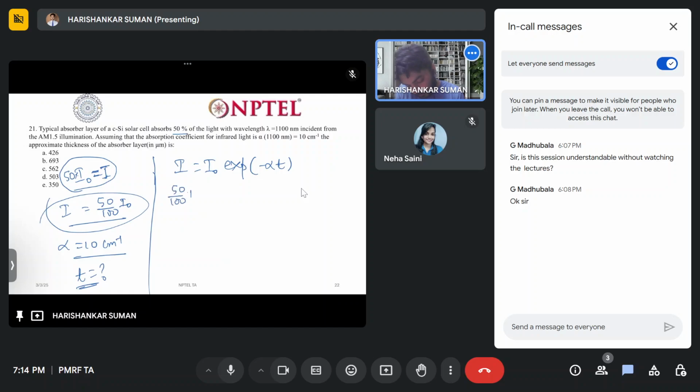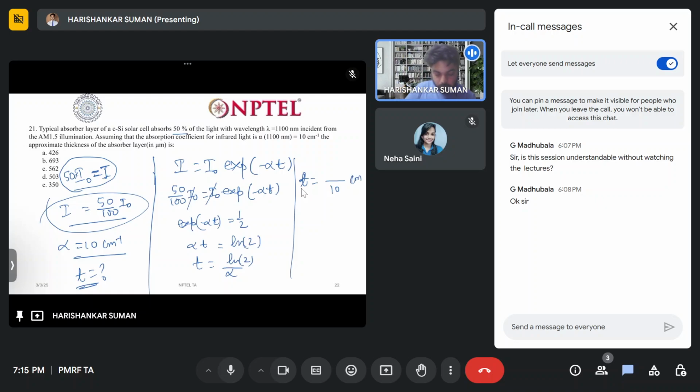Let me put down this value. So T, with alpha in per centimeter, the thickness will be in centimeter.